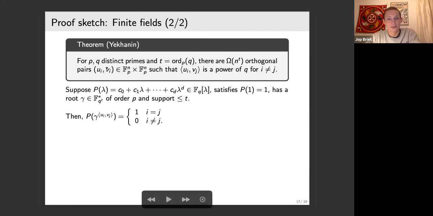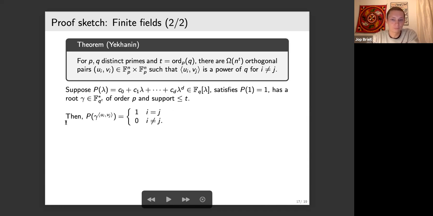Well, then you can use the properties of these matching vectors to convince yourself of the fact that when you evaluate this polynomial on the point gamma raised to the power of the inner product between u_i and v_j, and I should say that this expression makes sense because we assume that gamma has order p, and u_i and v_j come from F_p^n.